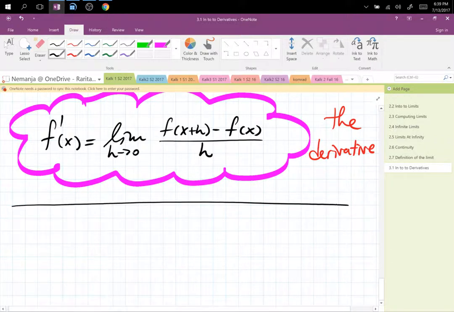So let's see. How about a nice example for you to enjoy? Let's start simple. You will be using this formula. Again, anytime you use this formula, you're practicing 2.3. The whole chapter's calculations are just 2.3.